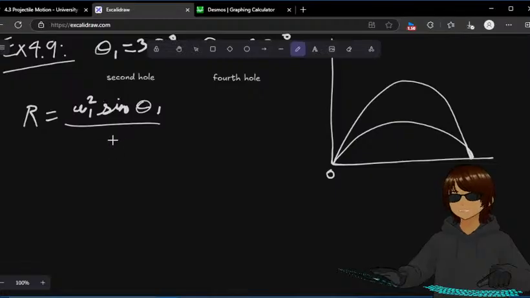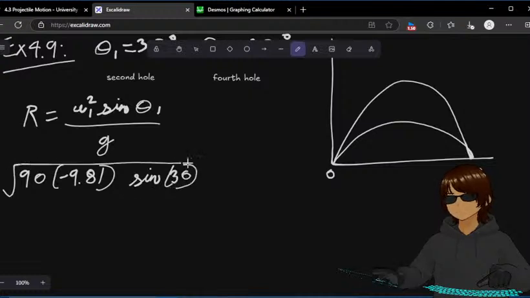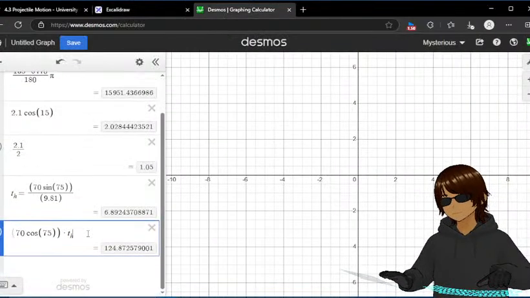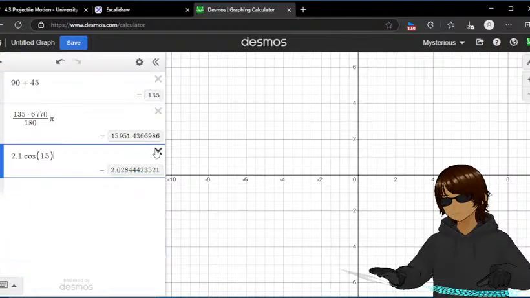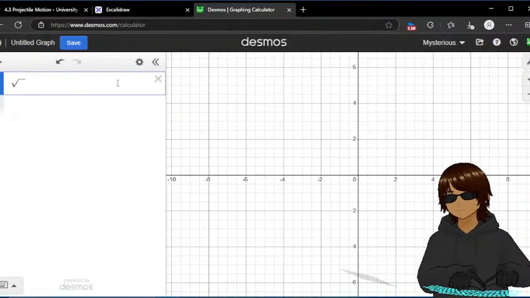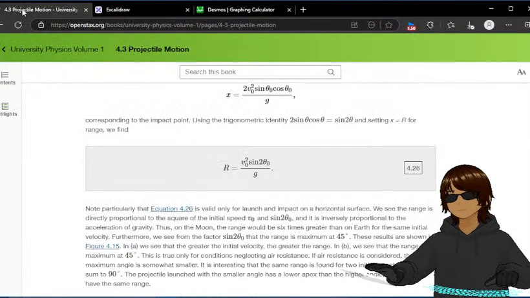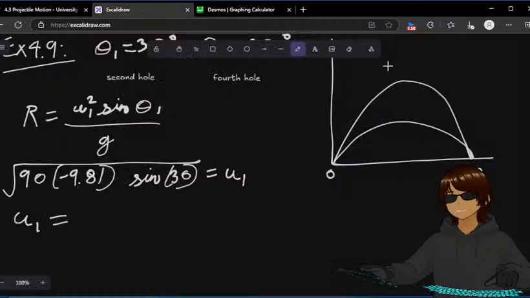I will just take the initial speed, 1 over g, 90, 9.81, sine 30, square root, 90 sine 30. Sine 2 times 30, so this is sine 60.